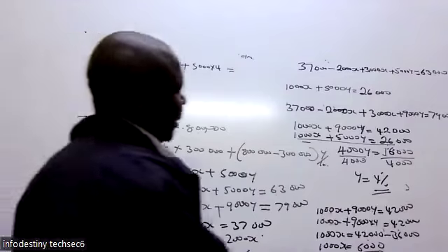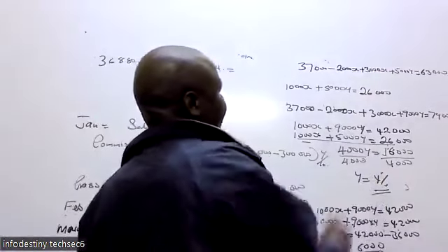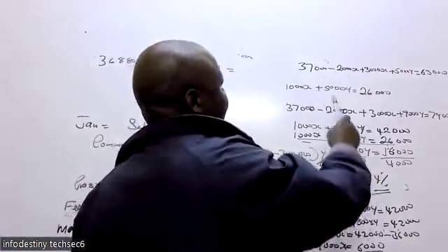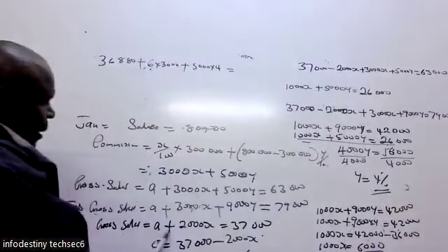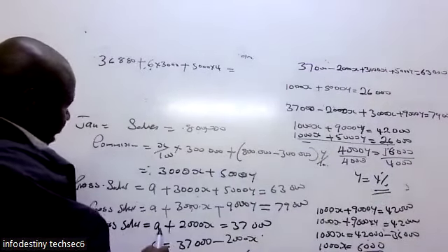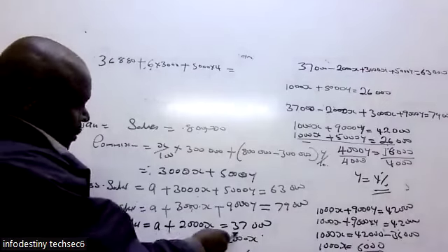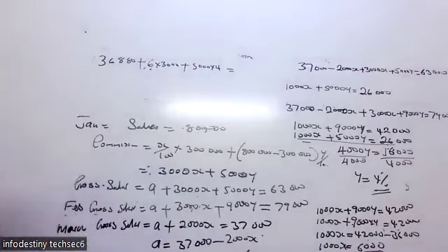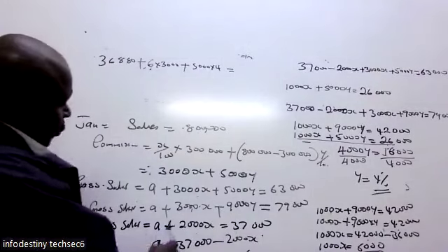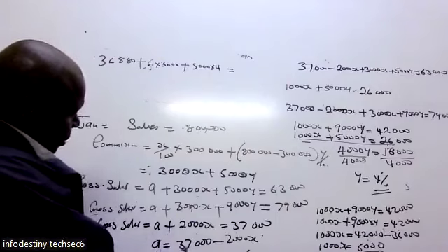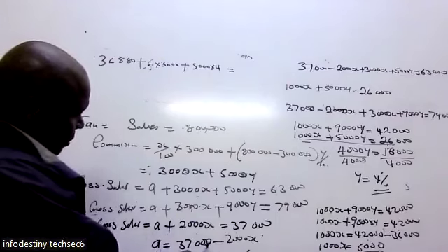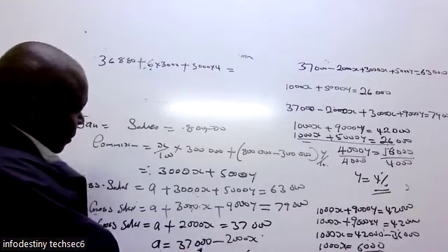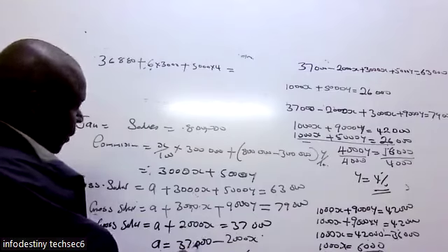Unapata wapi? This is A. Yeah? This is A plus that one equals to this. So A. That's it, January?